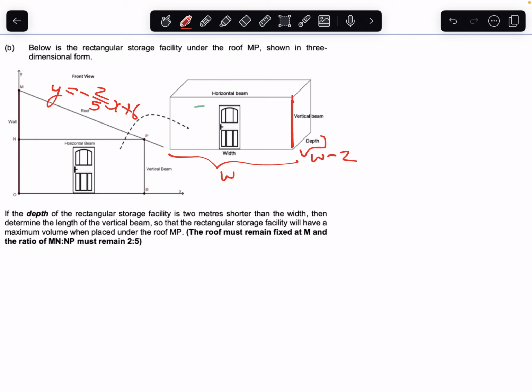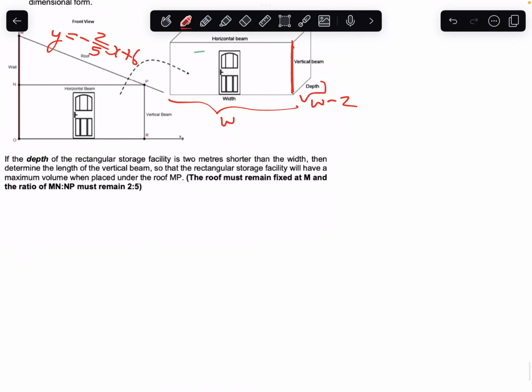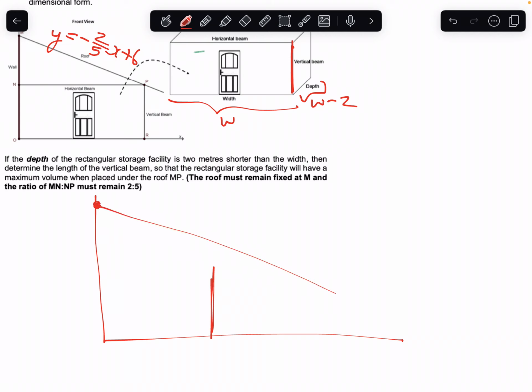It's a situation where we might decide that we want the width to move in a little bit. So this is fixed. That roof line is fixed. So we might want to move our W in a little bit. The depth will be W minus 2.